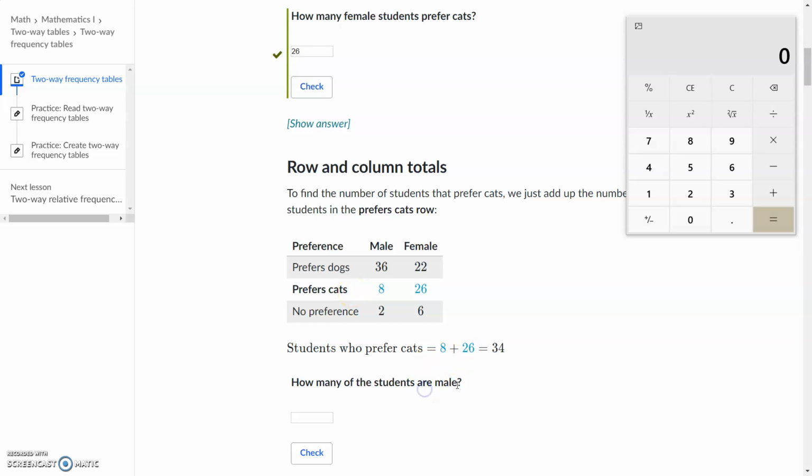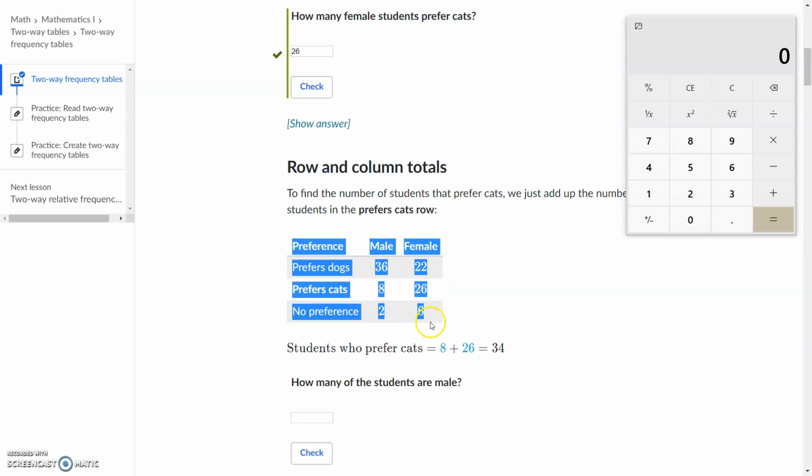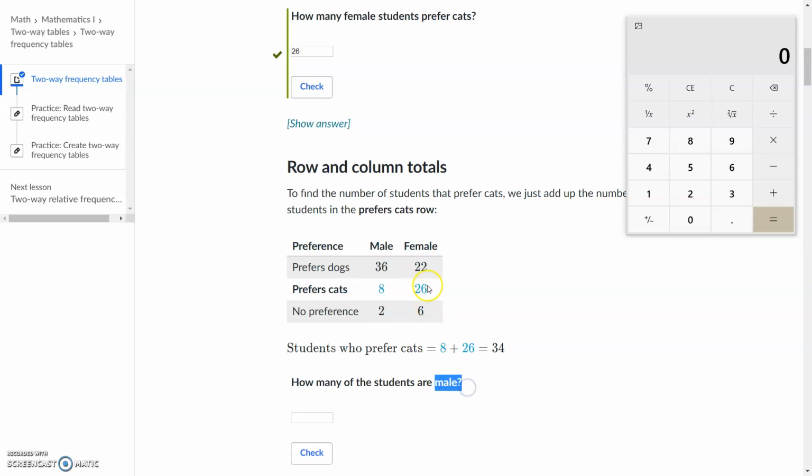So here's another question about totals. How many students are male? How many students out of all of these students in this table, how many of those students are male? So what we want to do is we see male as the title of a column here, right? So this 36 are male, these 8 are male, and these 2 are male.